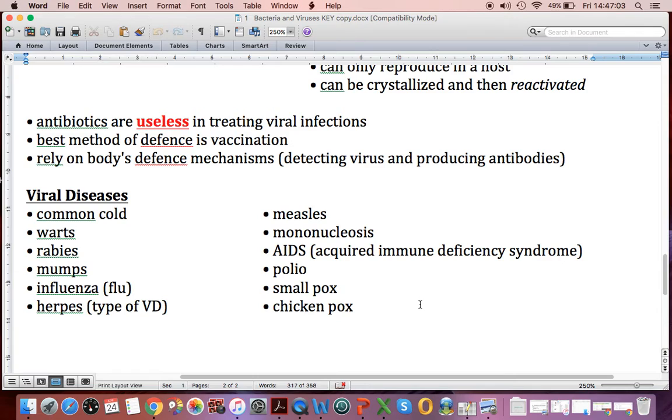And these are flus that jump from one animal, one species, to, in our case, humans. Things like mumps, you now can get immunized for, and polio, and those are very important, because some of these diseases listed there are deadly. So having vaccines to tackle these diseases is a big advantage.